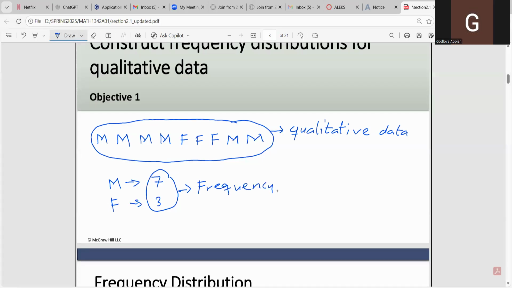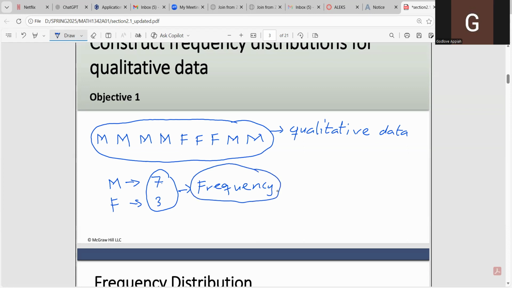In other words, the frequency of the male category is 7, and the frequency of the female category is 3. So the frequency tells us how often, or how many times, a category occurs in a qualitative data set. That is the meaning of frequency.